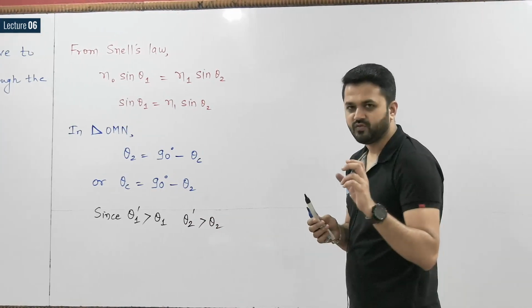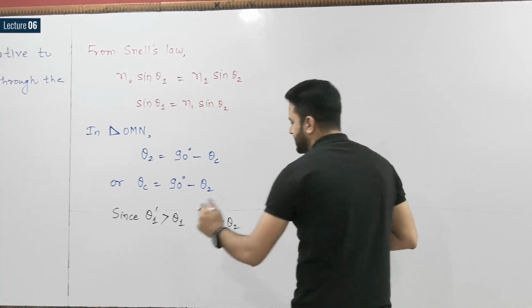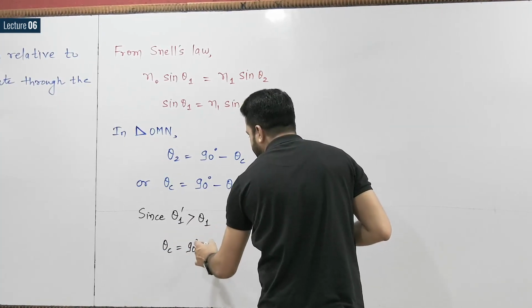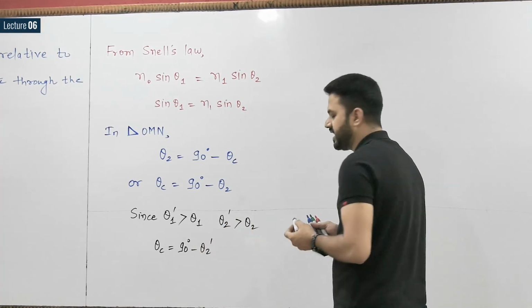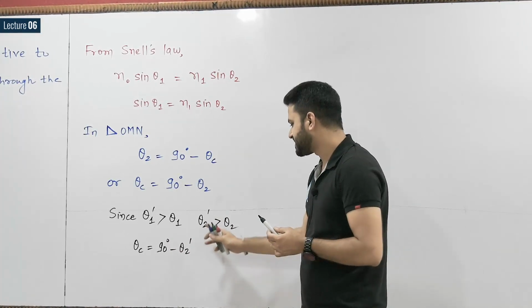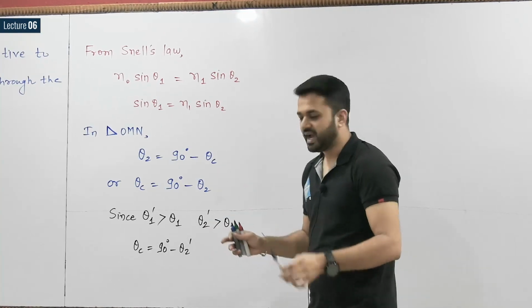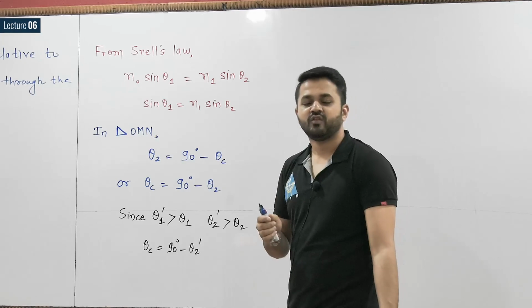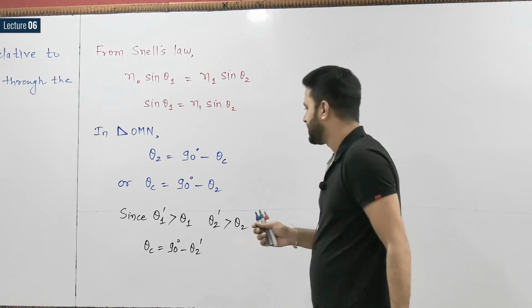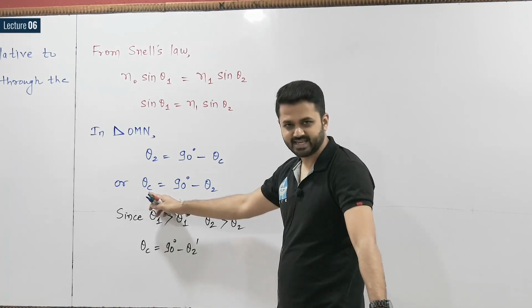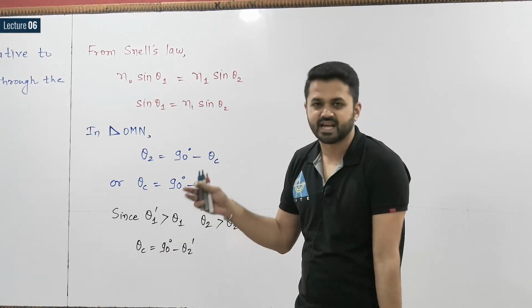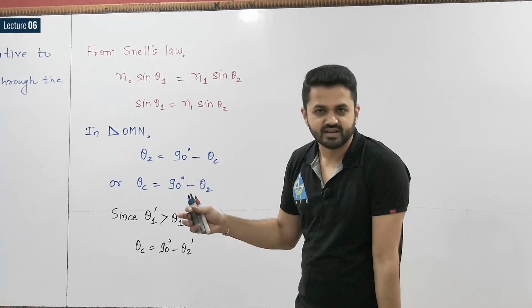So now whatever the angle is, the critical angle, we will consider theta c is equal to 90 minus theta 2 dash this time. And because theta 2 dash is greater than the previous theta 2, and that theta 2 was the angle responsible for the total internal reflection, because this is the angle theta c, that means the critical angle, and we are considering that at this angle the light is totally internally reflected.